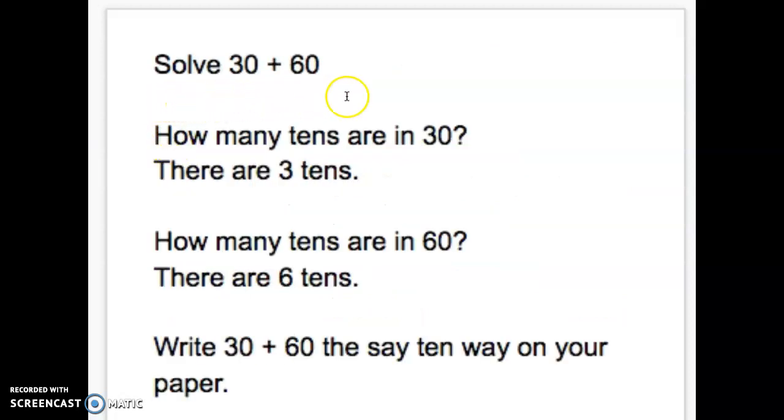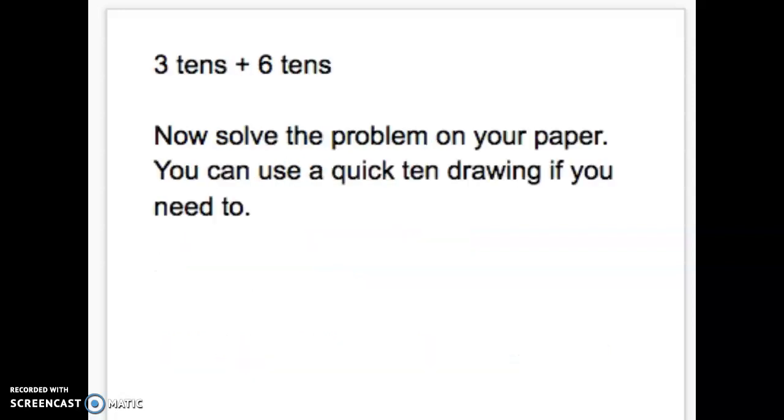Solve 30 plus 60. How many tens are in 30? There are 3 tens. How many tens are in 60? There are 6 tens. So on your paper, I want you to write 30 plus 60 the say 10 way. You should have written 3 tens plus 6 tens.